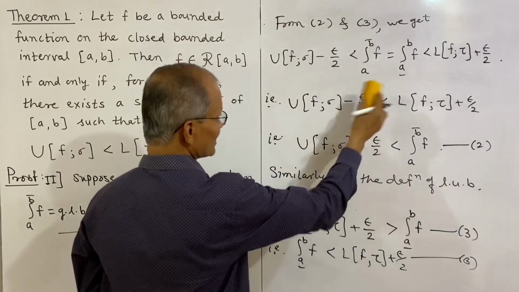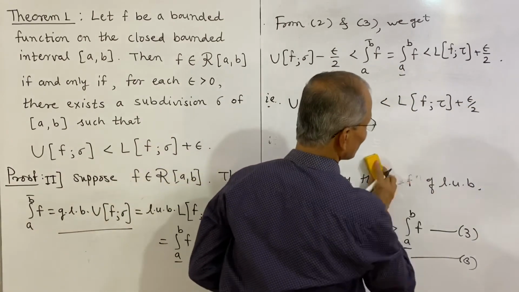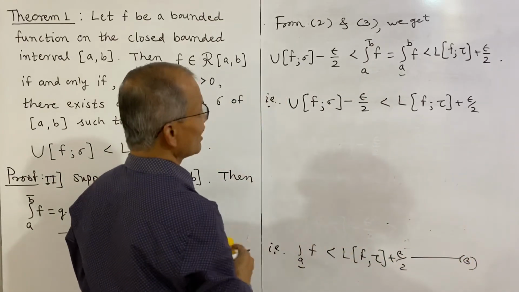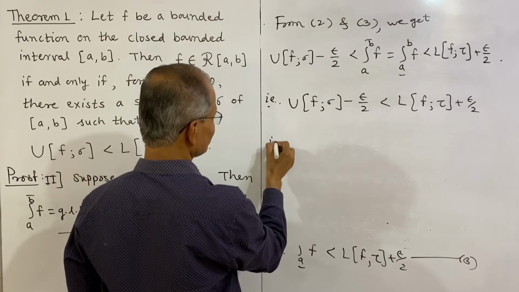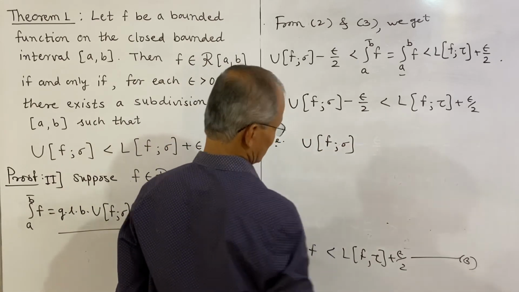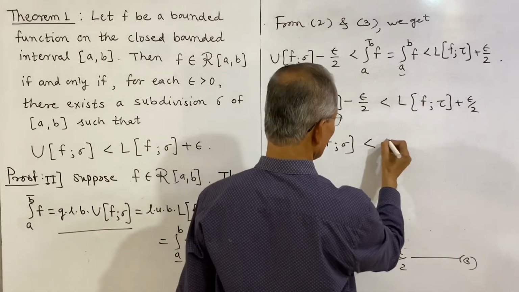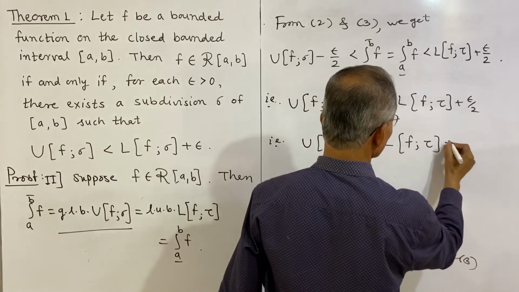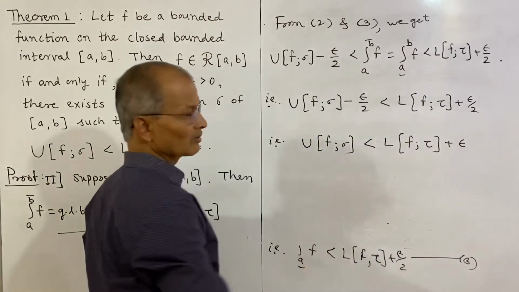Now we can transfer this minus epsilon by 2 to the right side of this inequality, then it becomes plus epsilon by 2, and therefore the upper sum of f on sigma is strictly less than lower sum of f on tau plus epsilon by 2 plus epsilon by 2, that is epsilon.